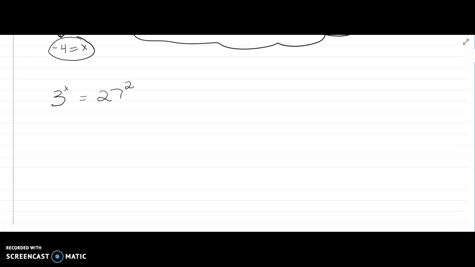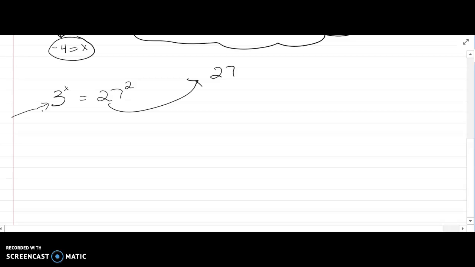Here they're not. But the second thing we ask ourselves, well, can I make the bases the same? So, is there a way that I can rewrite 27 to look more like something like this with a base of 3?